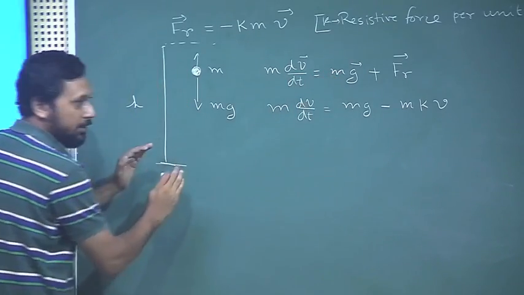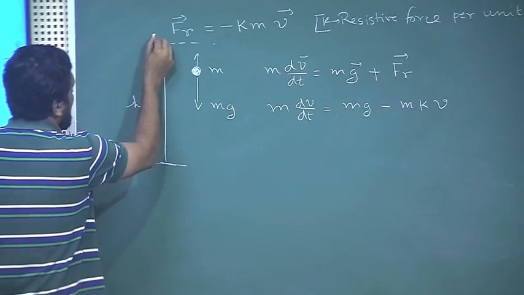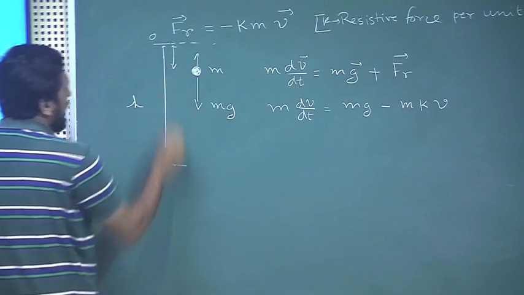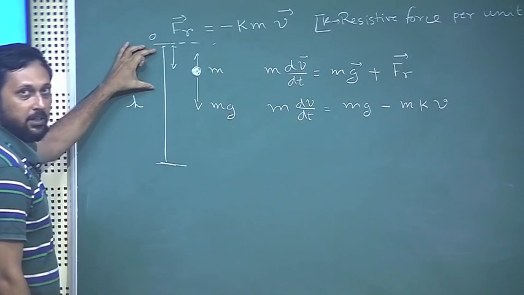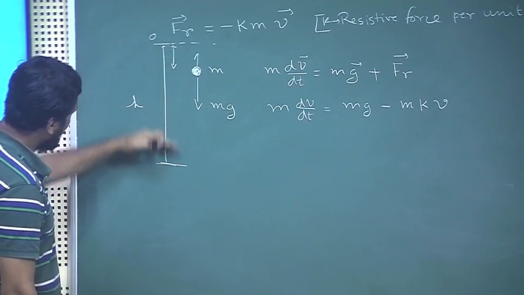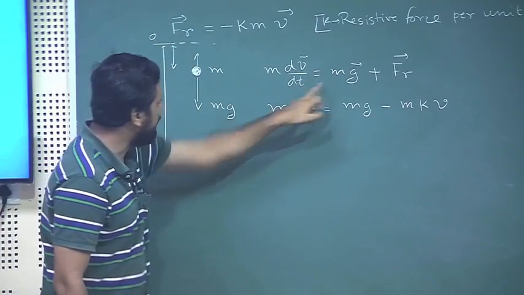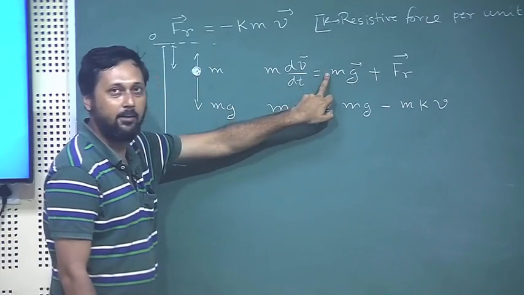But in this particular problem, in this particular equation, we have chosen the origin up here. So, this is our origin. As the mass falls, it gains h, so it gains in this direction. Your velocity in this direction is the positive direction, and that is why, as the gravitational pull favors the velocity, there is no negative sign here.